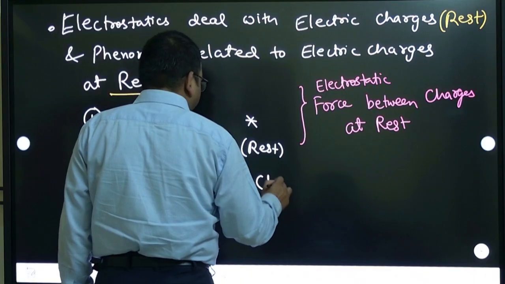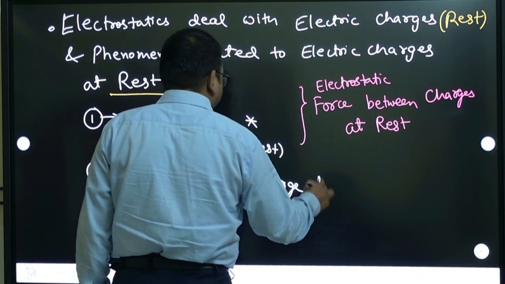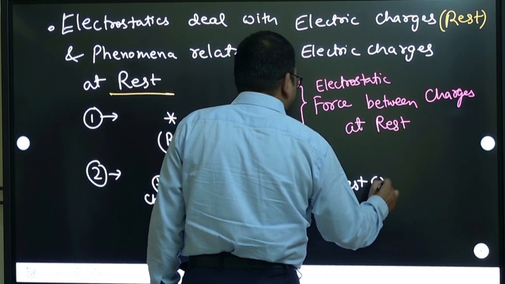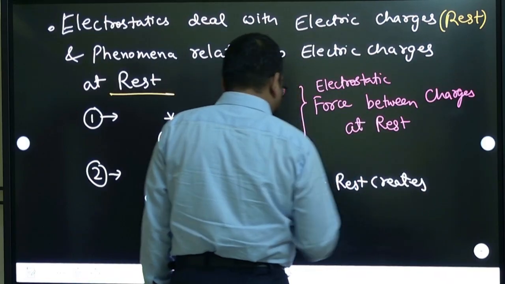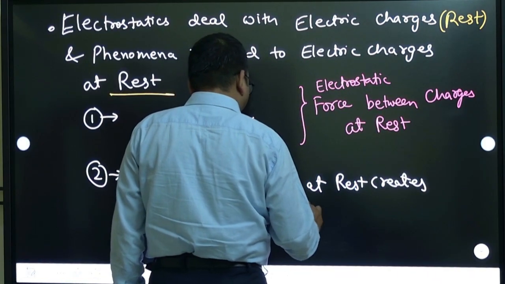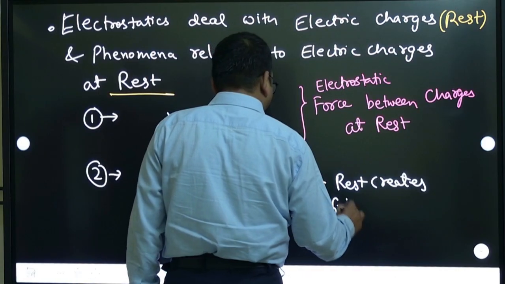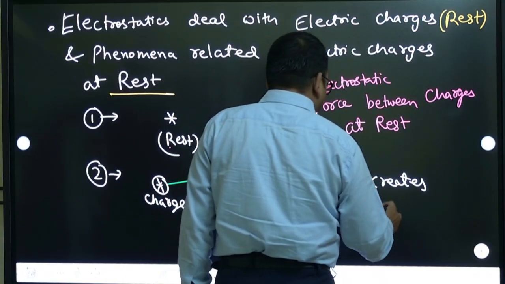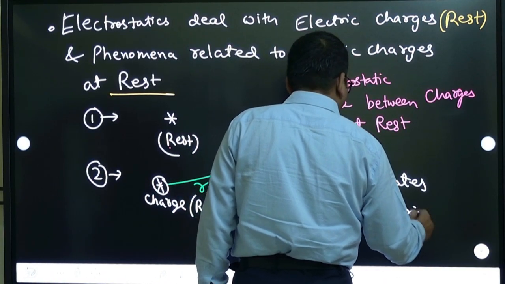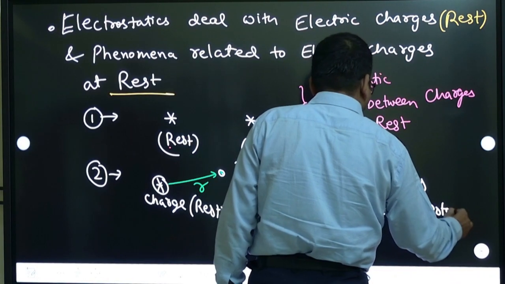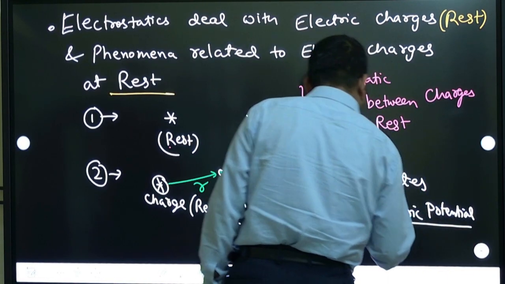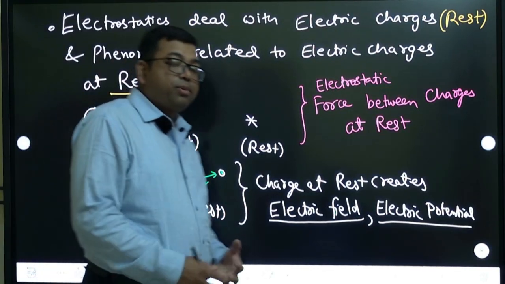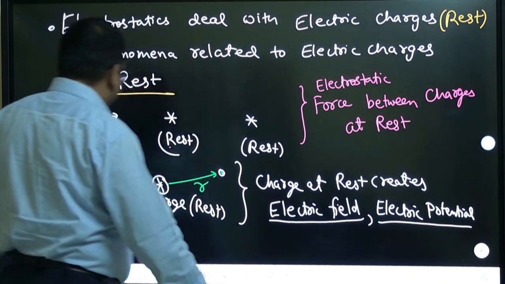So a charge at rest creates an electric field. Not only an electric field, it can also create electric potential, right? And there can be electrostatic potential energy between charges.